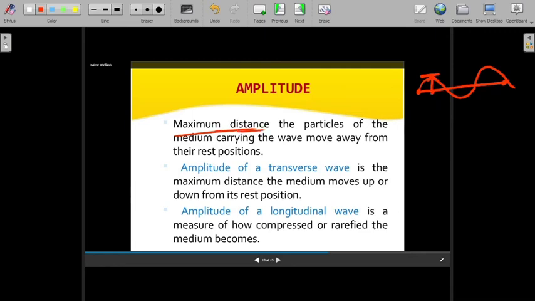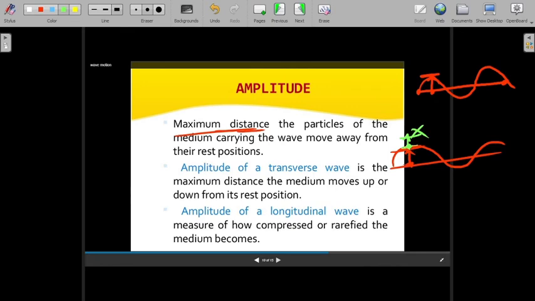Suppose a particle is here, and it travels to here, moving away from this position. This is the maximum point to which the particle can come. From that point it can't go further.